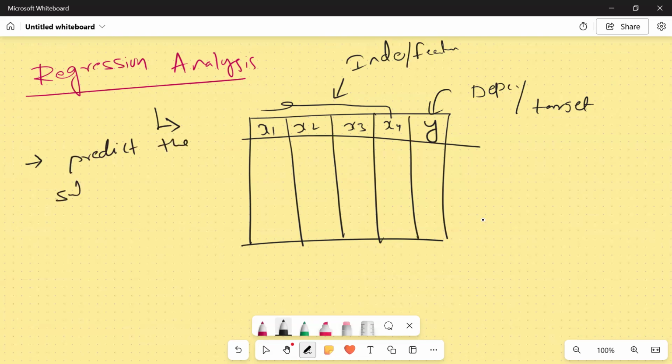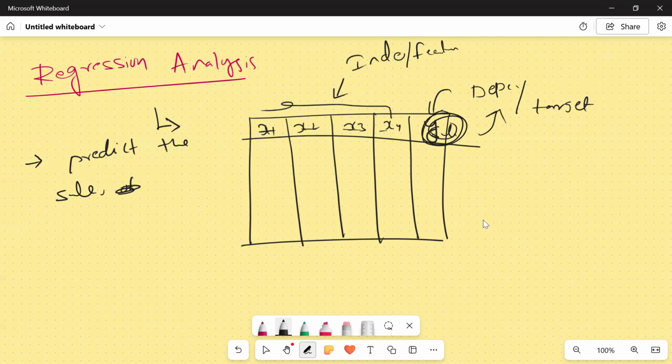Here we have various product prices and all, and here we have sales. We are going to predict the sales, so in that situation sales is the target variable, and the rest are independent variables. Whatever you are going to predict, whatever the label data we have, we consider that the dependent variable or target variable.